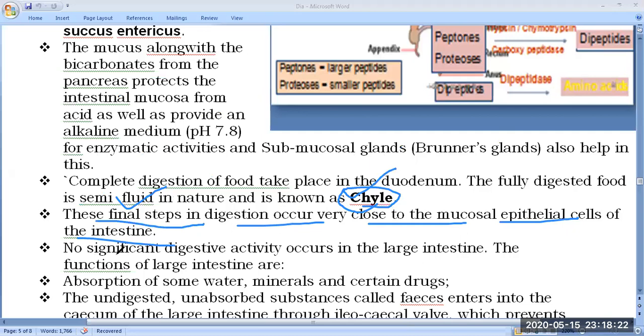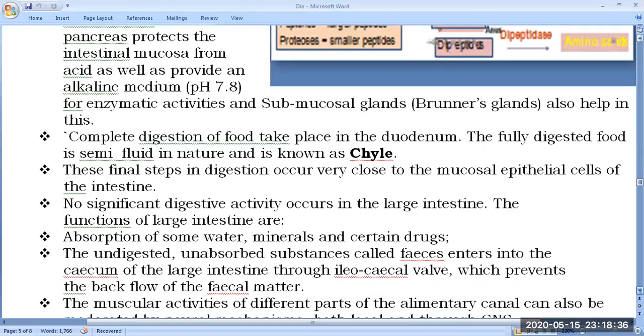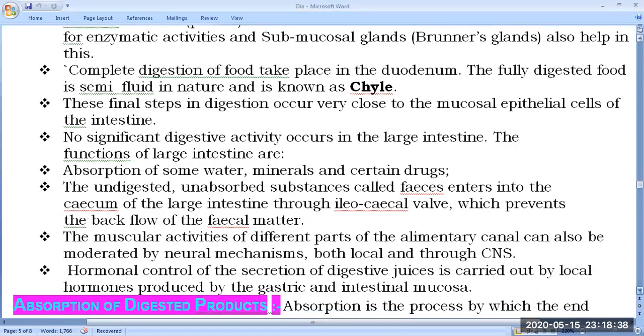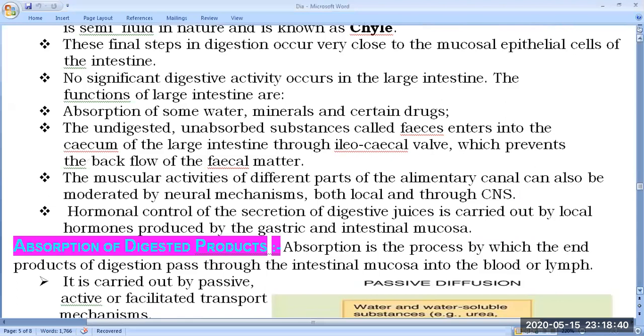In the large intestine, there is no digestive activity, only absorption. Some water, minerals, and certain drugs are absorbed. Next, the undigested and unabsorbed substances are called feces.